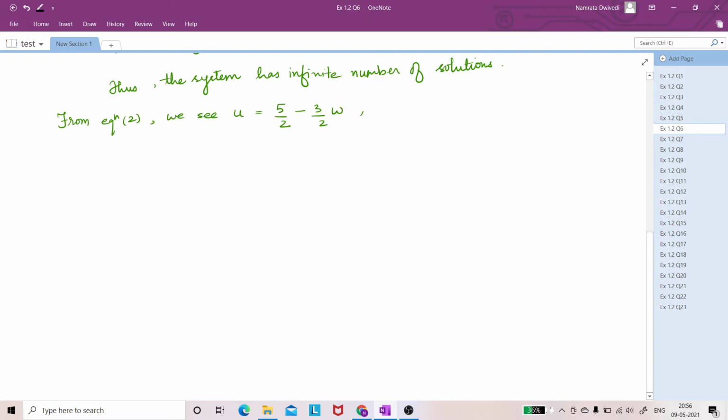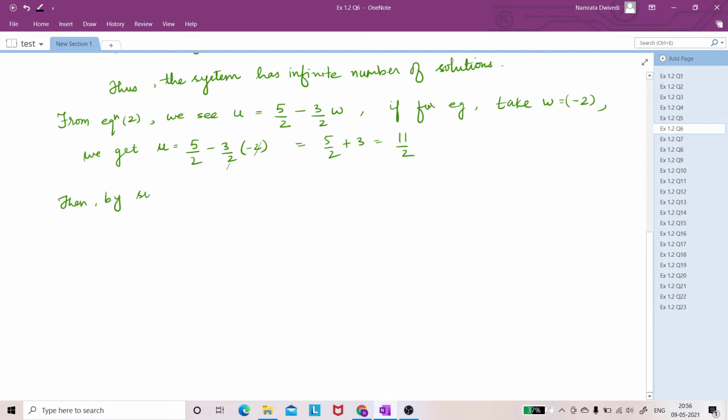So for example, let's take w equal to minus 2. So we get u equal to how much? Yes, we'll calculate it. So it is 5 by 2 plus 3, which is equal to 11 by 2.